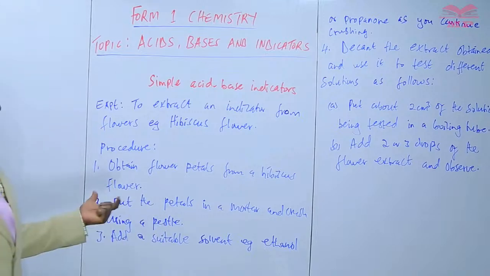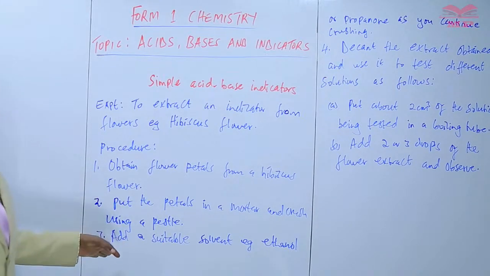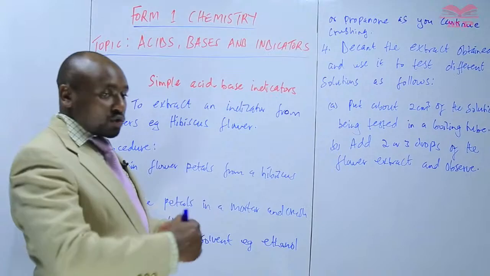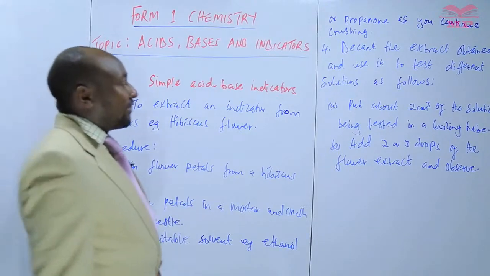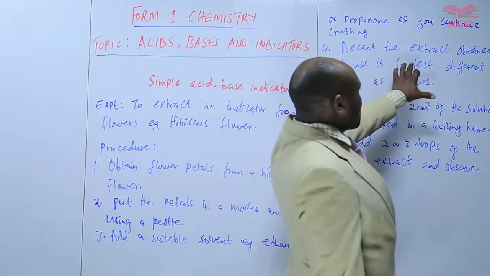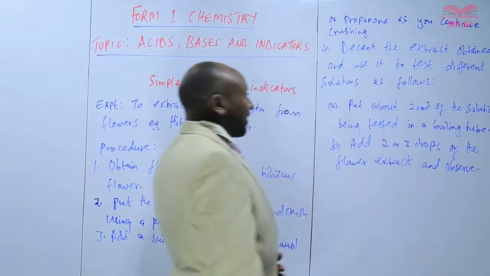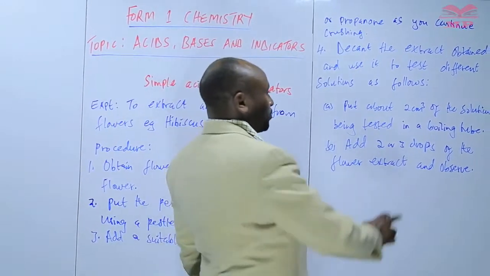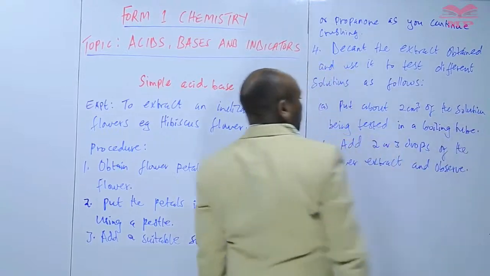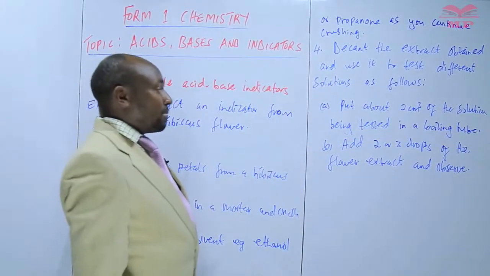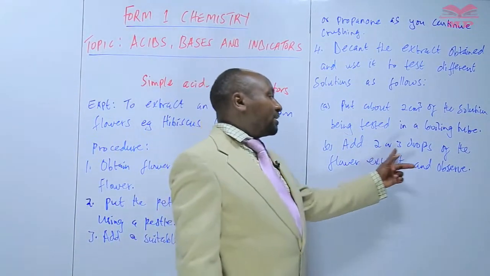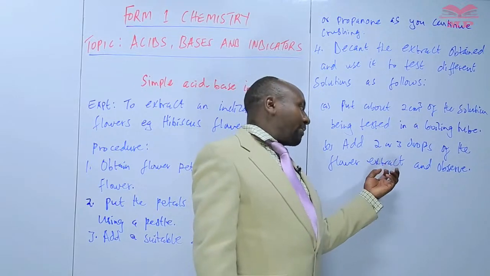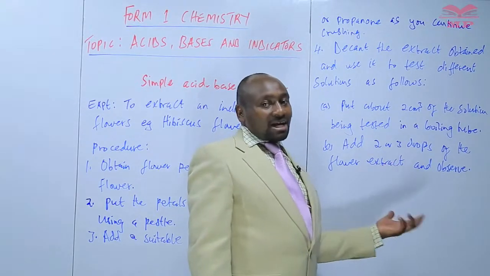We crush in a mortar using a pestle, add a suitable solvent as we continue crushing, and then we obtain the extract by decantation, and then we test that extract on different solutions by putting about 2 cubic centimeters of the solution that we are testing in a boiling tube, and then adding 2 or 3 drops of the flower extract, and then we observe.